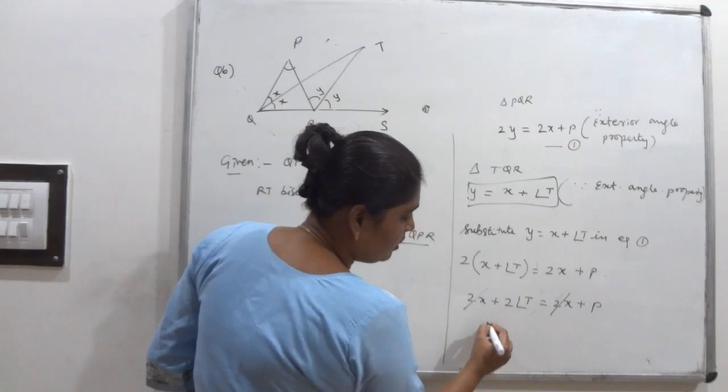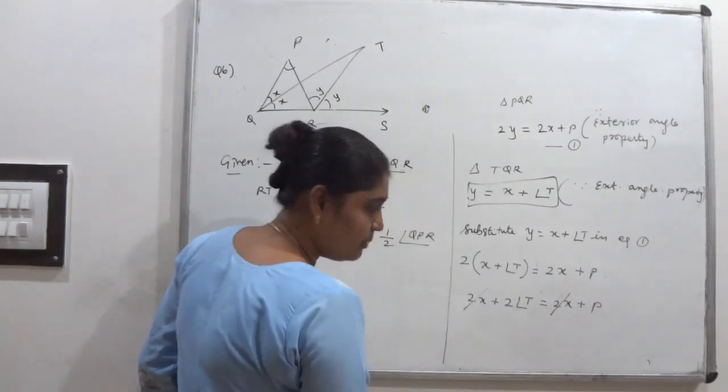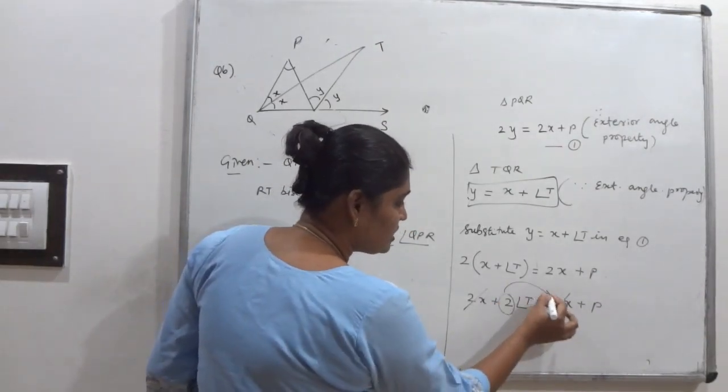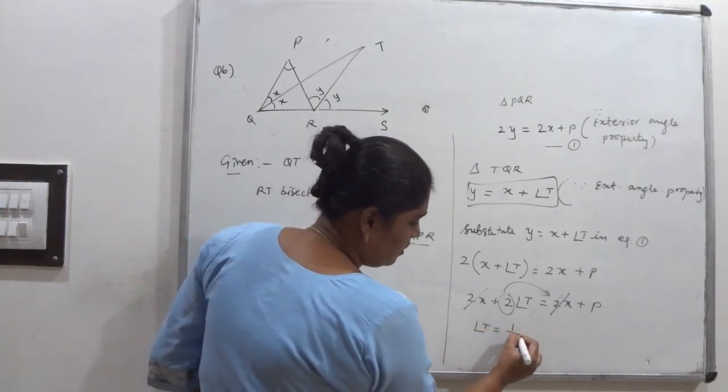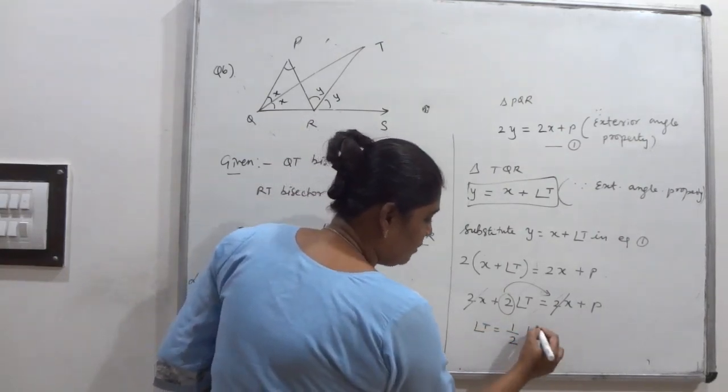So what is left over? 2T is equal to P. Multiplied by 2 goes that side, divided by 2. So T is equal to half of angle P.